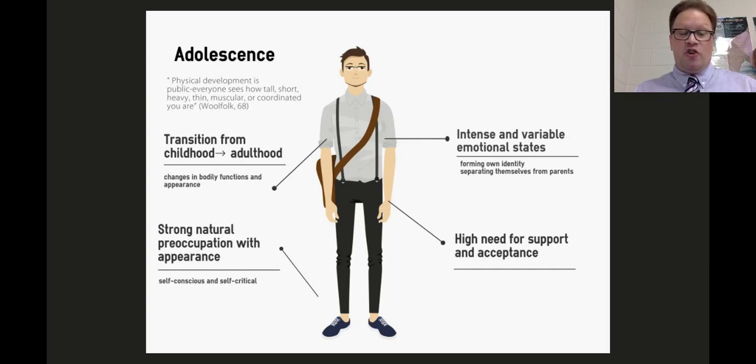A triggering experience for such a tragedy is often something like a shaming or humiliating event, like potentially a romantic rejection. During adolescence, they are likely to have conflicts with parents, experience extremes in mood, and engage in risky behaviors.